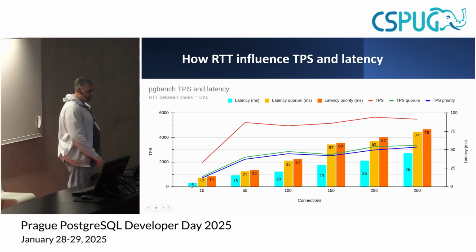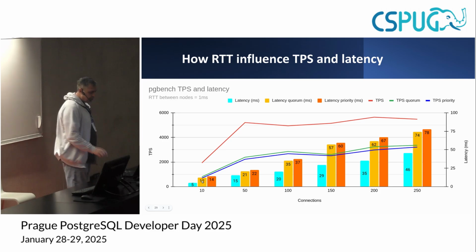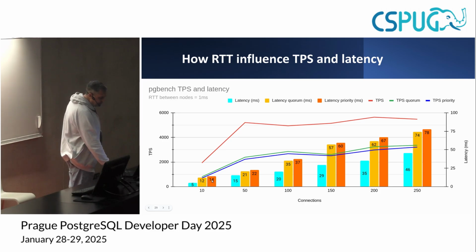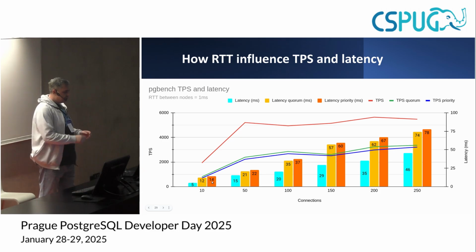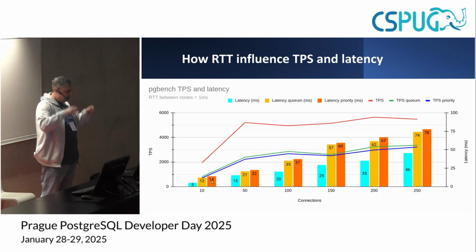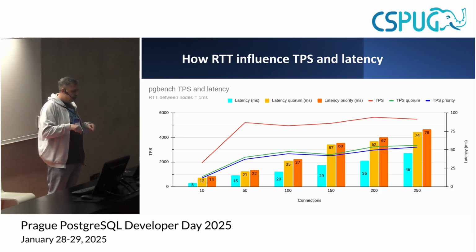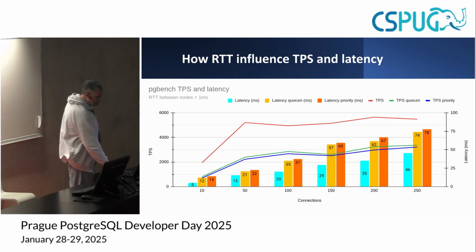When I enabled synchronous replication, the priority one, latency became 14 milliseconds, because it more or less doubles latency, double the disk latency, because it's on the same machine, plus 1-2 milliseconds on top. And with quorum replication, latency was a little bit smaller.